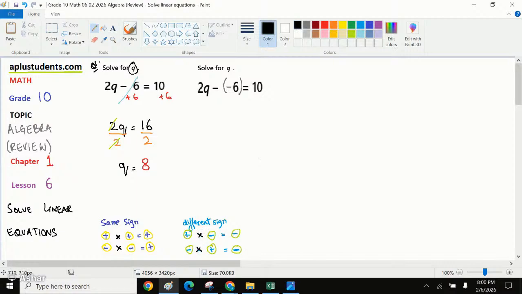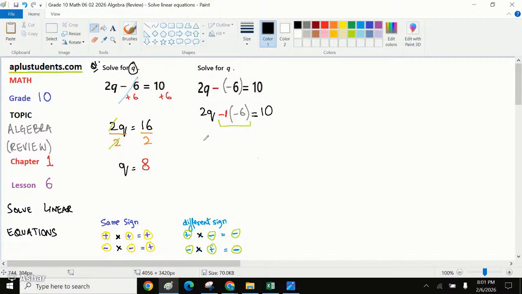So what we can say over here is, can I say this is written as 2q with negative 1 multiplied by negative 6 equals 10? And we know the rule for multiplication that whenever two numbers are being multiplied and they have a negative sign, they form a positive.